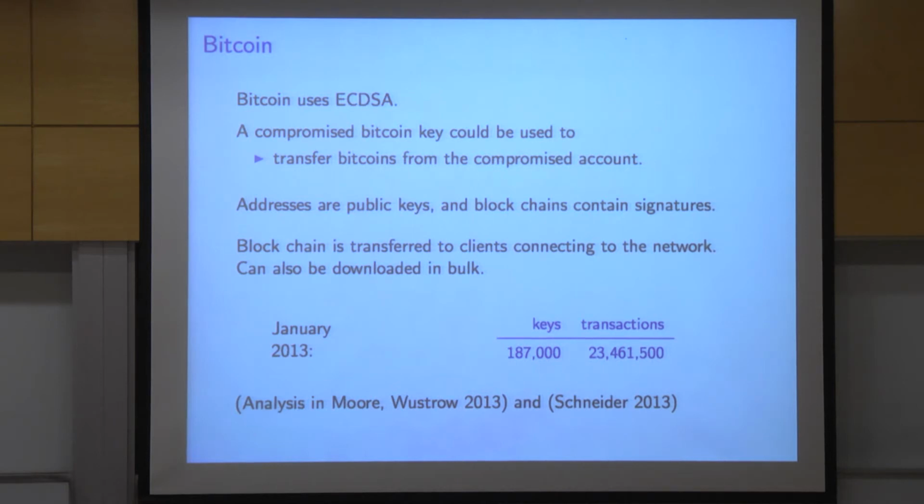A couple of people, Jonathan Moore and Eric Wustrow, looked into this earlier this year, and also Schneider. In January, there were 187,000 keys and 23 million transactions in the Bitcoin blockchain.